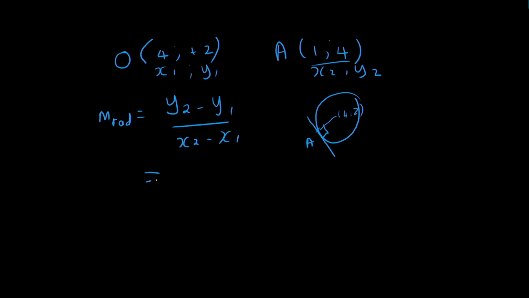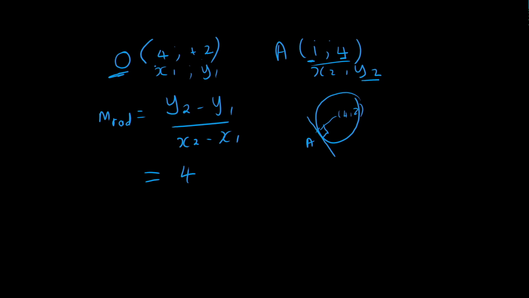It doesn't matter which one is x1, y1, x2, y2. You could have called point O x2, y2, and point A x1, y1. That is fine as long as your order is correct. If you start in the second bracket with the y coordinates, then you need to start in the second bracket with the x coordinates. If you started with the first bracket as your y coordinates, then you need to start with the x coordinate from the first bracket.